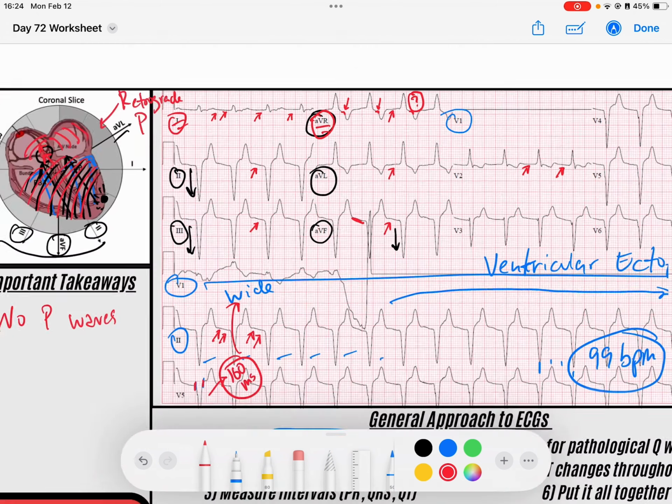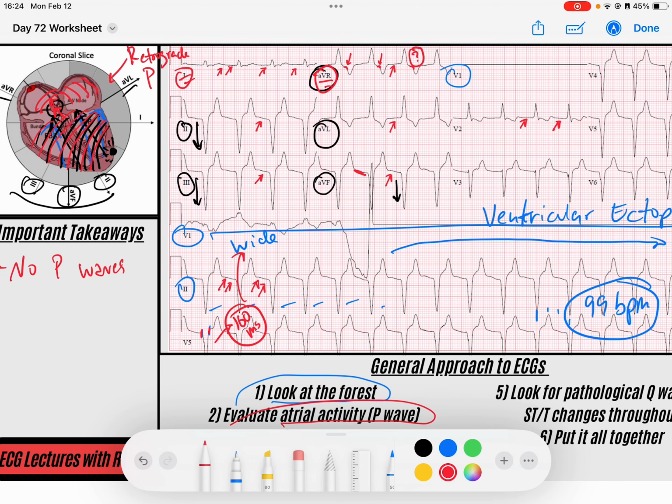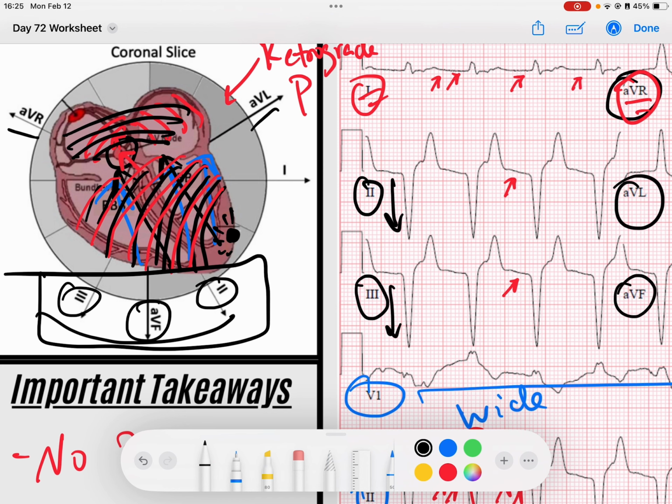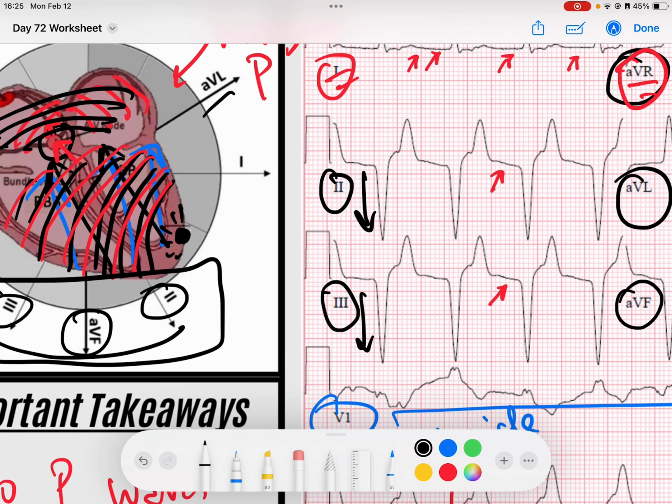Well, we don't need to look at AVR in isolation. We can look at other leads. If we know that we've got retrograde conduction from the AV node into the atria, we know that the atria are going to depolarize from inferior to superior. That should create a retrograde P wave that is also pretty prominent in the leads that are in that orientation. So I look at my inferior leads, and what do I see?